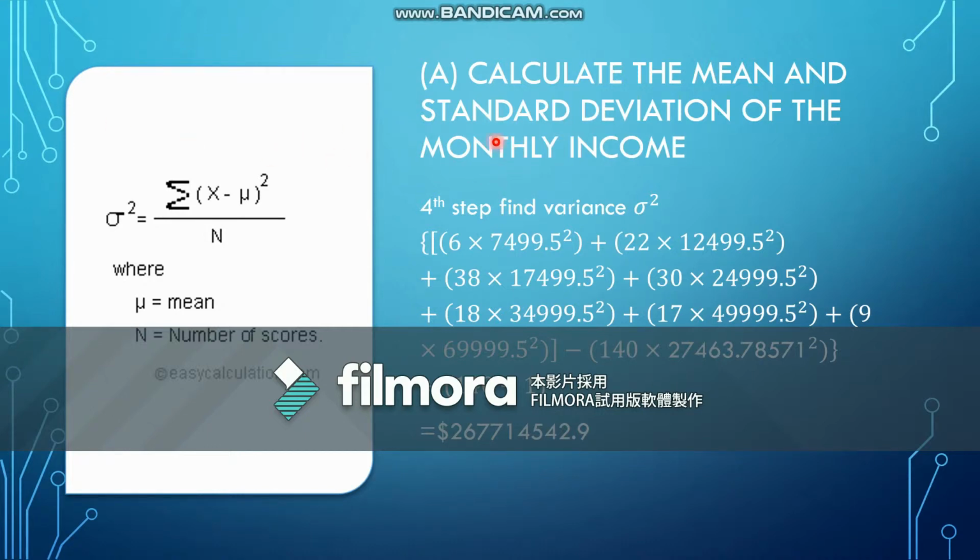In order to find the standard deviation, we have to first find the variance. The way to find the variance is to square the class mark and then multiply by each frequency, and then finally divide by 140, the total frequency, minus 1, so we can get the variance.